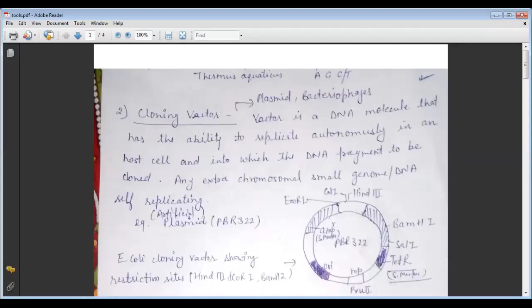In our previous lecture, we have already discussed what biotechnology is and what genetic engineering is, and the tools for recombinant DNA.